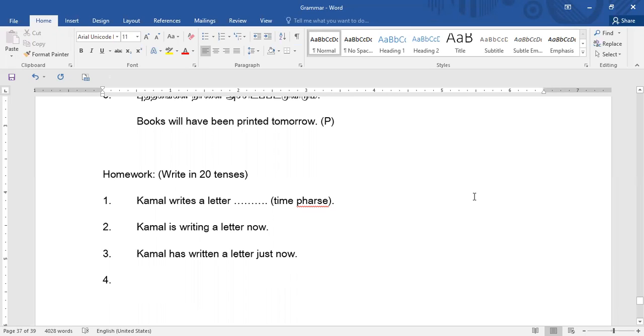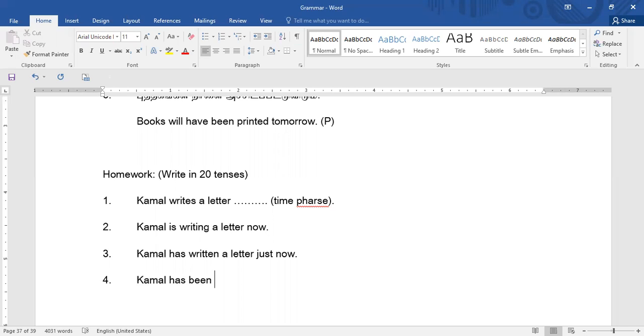Some others, present perfect continuous. Kamal has been written a letter. Is it right? Written. Continuous, no? Present perfect continuous.